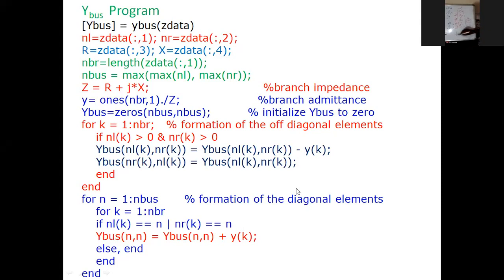Now, for a matrix, I have rows and columns. This is 1-1, first row, first column. This becomes second row, first column.